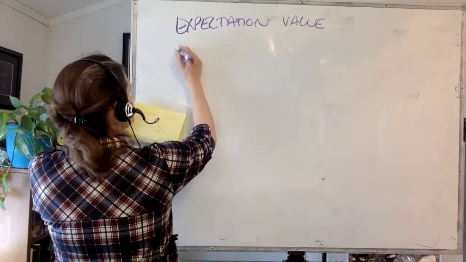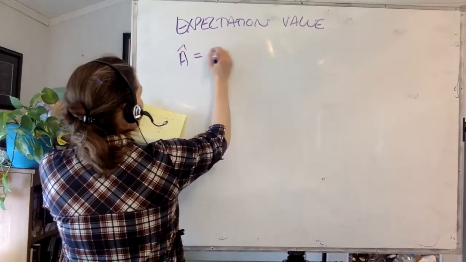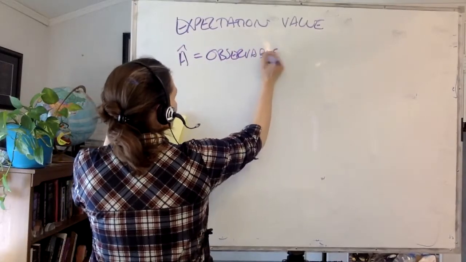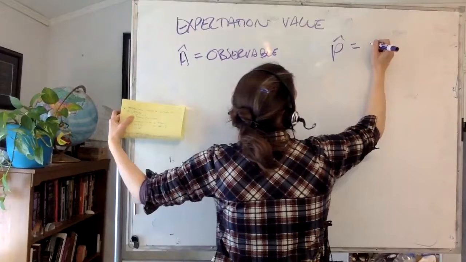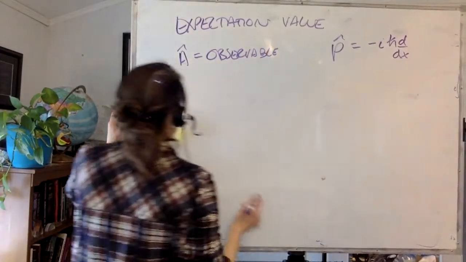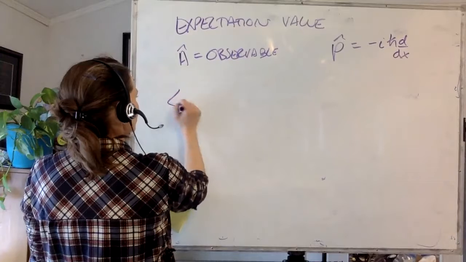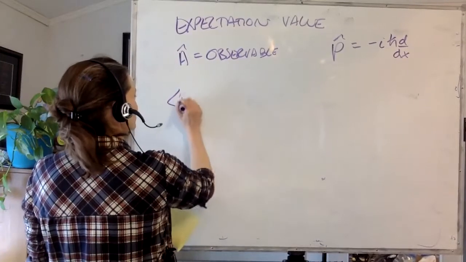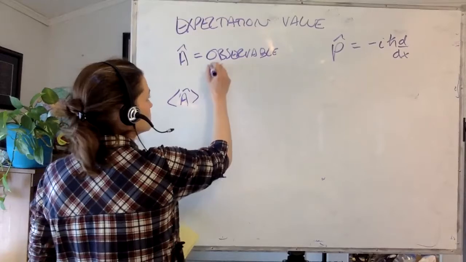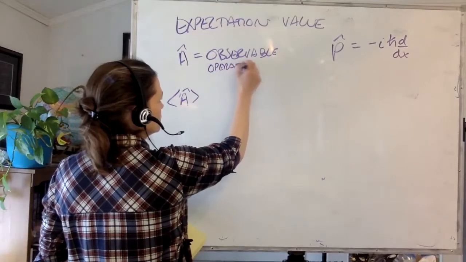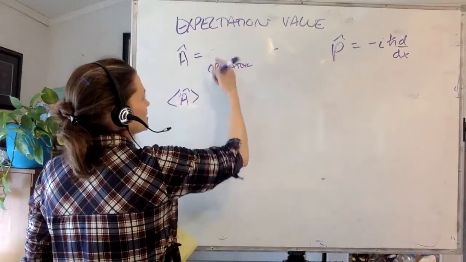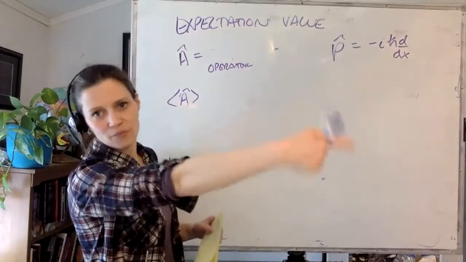So if A equals our observable, and let's look at the momentum, which is equal to minus i h bar d/dx. I should say A is not the observable, it's the operator related to the observable.